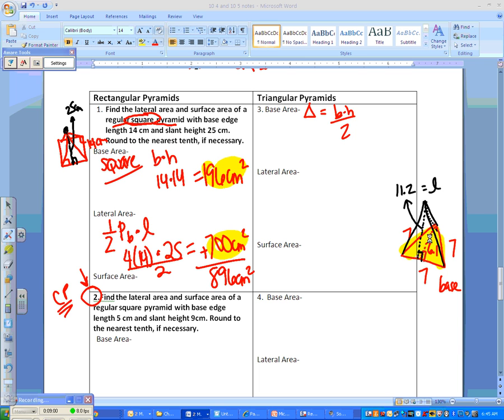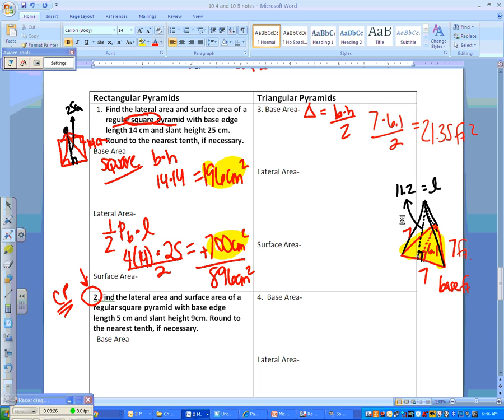So that means that the base is going to be 7 and the height is going to be this 6.1. So we have 7 times 6.1 divided by 2. That's going to get us the area of this one base, and we only have one this time. So I get 21.35, and I didn't give you any units. So let's call it feet squared. Okay, that's the base area.